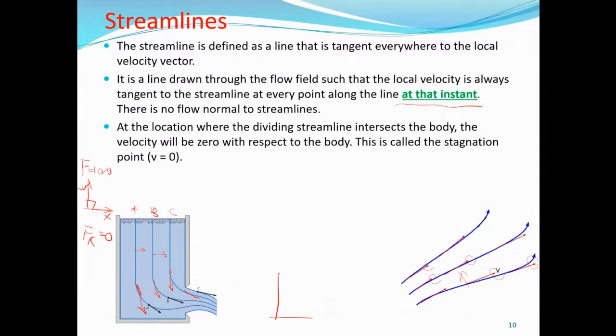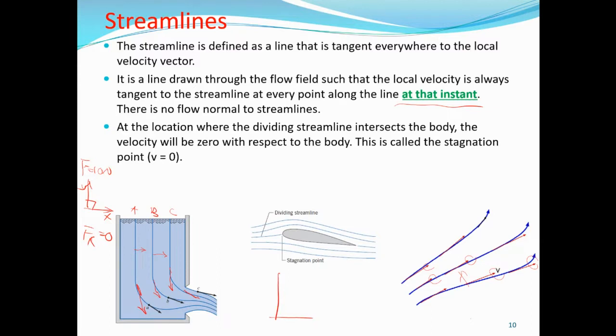At the location where the dividing line intersects the body, you look at this dividing streamline. This is called the dividing streamline. It intersects this body, which is an airfoil or aerofoil. An airfoil can be like a wing of an airplane.